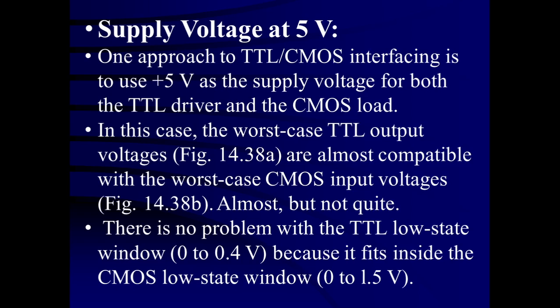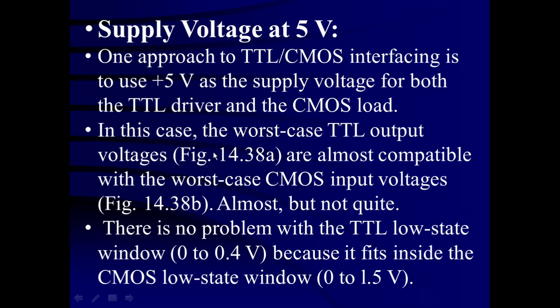So the first case is the supply voltage at 5 volt. What is going to happen? One approach to the TTL to CMOS interface is to use 5 volt as the supply voltage for both the TTL driver as well as the CMOS load.